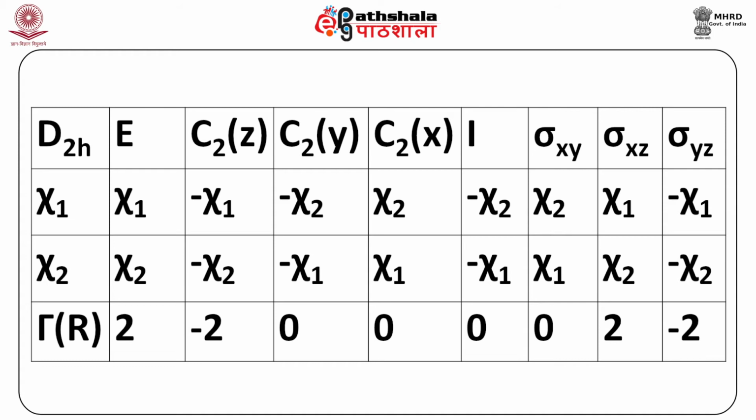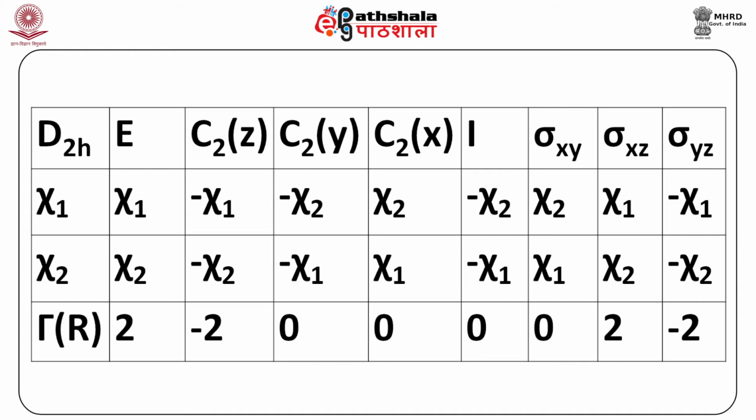Similarly, under the I operation, chi1 becomes minus chi2, the lobes also reverse direction, so the sign is changed and chi1 is replaced by chi2. Sigma xy, reflection in the xy plane, because it contains x, will not change the sign, but chi1 will become chi2. Similarly, sigma xz will not change sign, it will remain where it is, so it will be chi1, and sigma yz will become minus chi1.